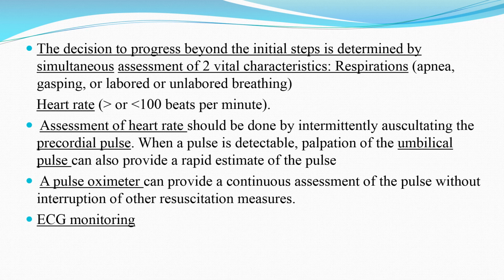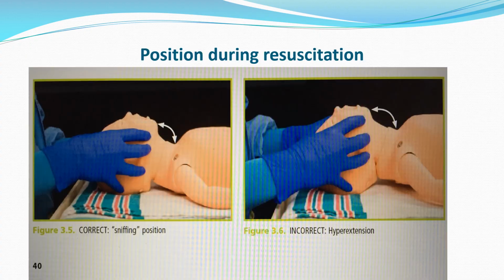When the pulse is detectable, umbilical artery pulsation can also provide rapid estimation of the pulse. A pulse oximeter can provide continuous assessment of the pulse without interruption of other resuscitative measures. And newly they introduced ECG monitoring, which can be even more effective and sensitive than other measures.